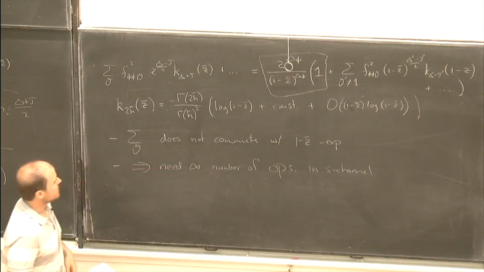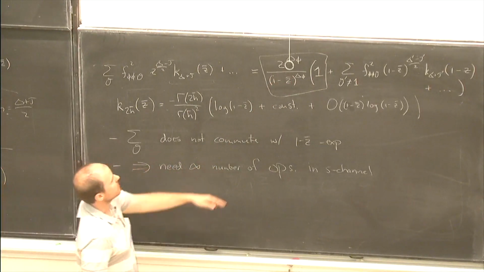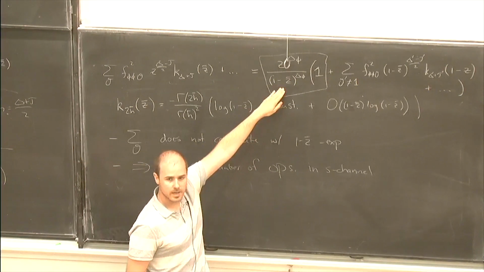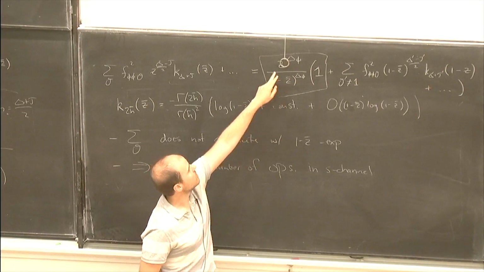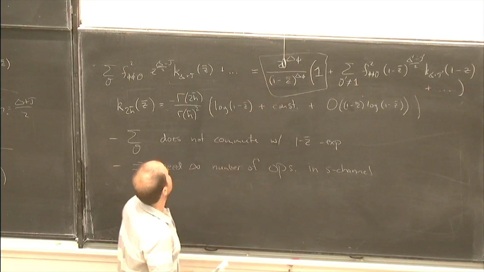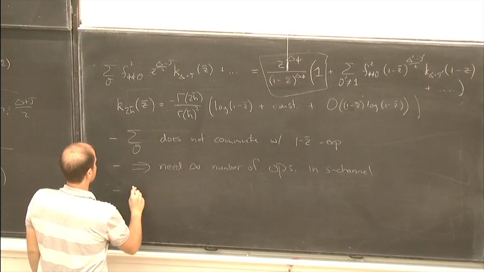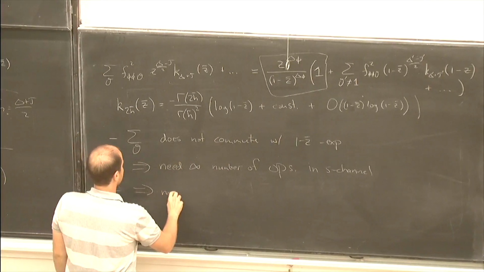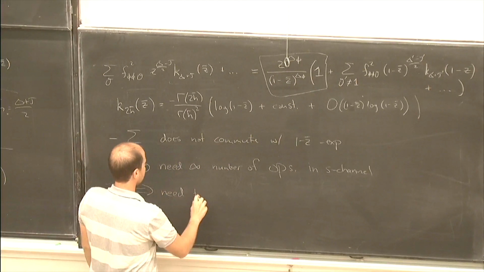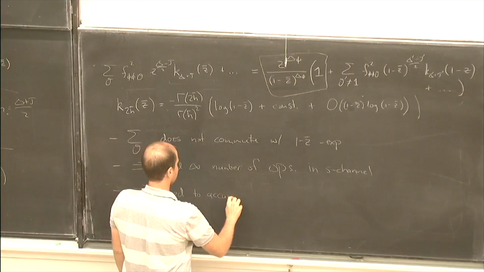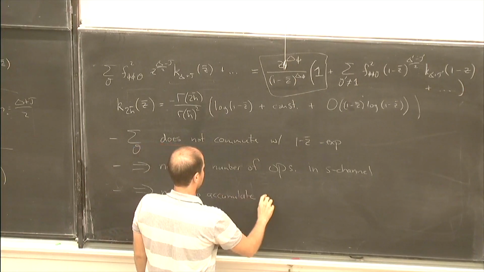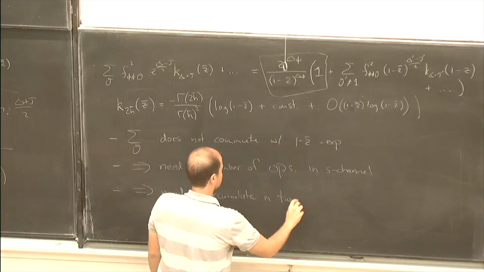So that means that these infinite operators that are producing the 1 minus z bar singularity must also produce this z to the delta phi, which means they need to accumulate in twist.